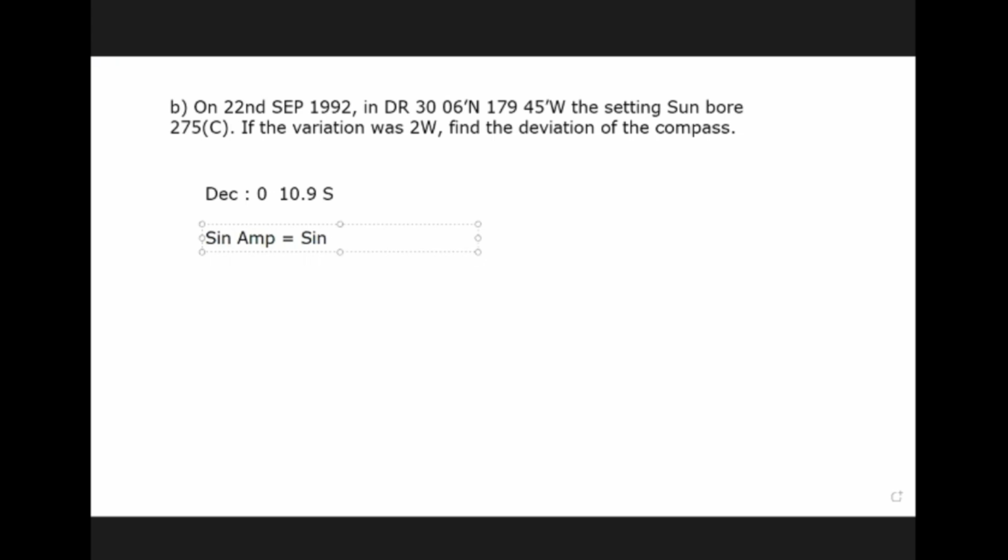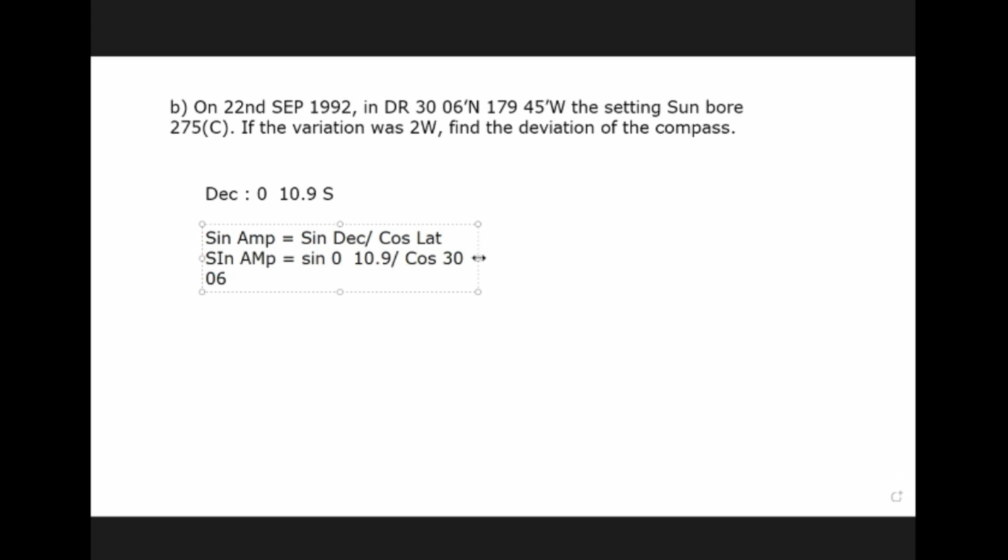Mute कर दिया, चलो. Sine amp equal to sine dec upon cos lat, so sine amp is equal to sine 0 degree 10.9 divided by cos 30 degree 06.